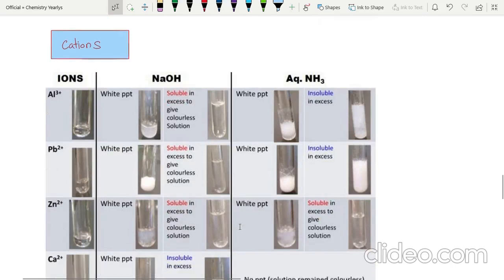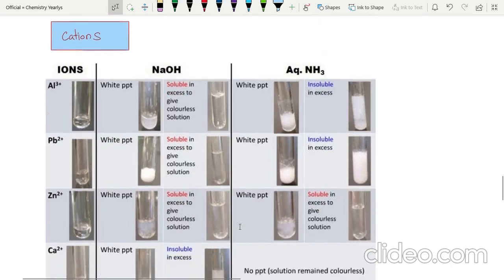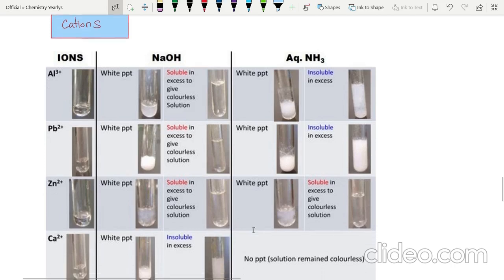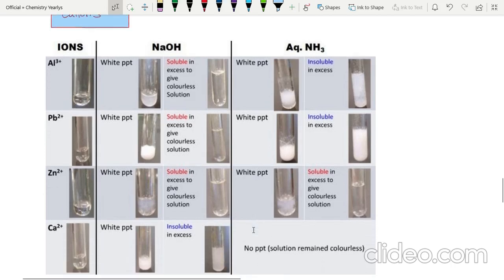Now let's move on to the cations. First of all is the aluminium. The first column actually contains just the salt solutions. So you can see that whether it is the aluminium, the lead, the zinc, or the calcium, all of them have colorless solution.